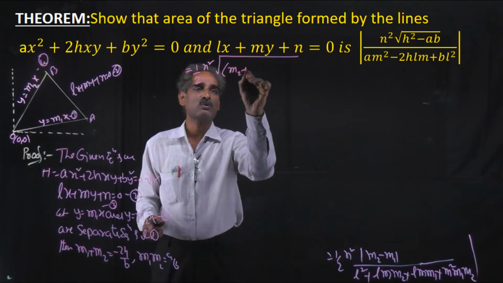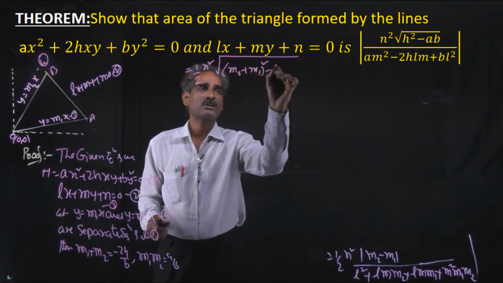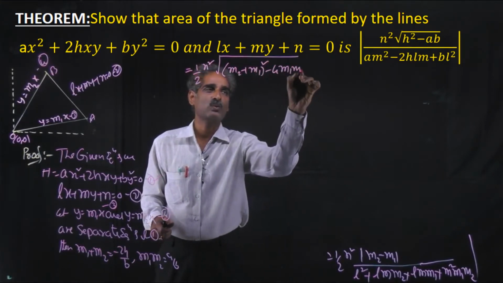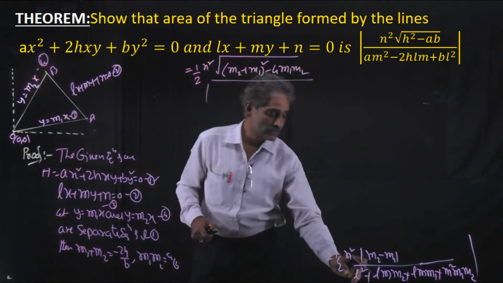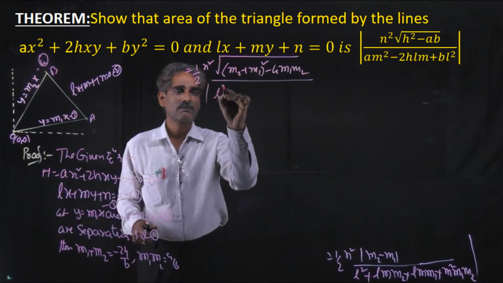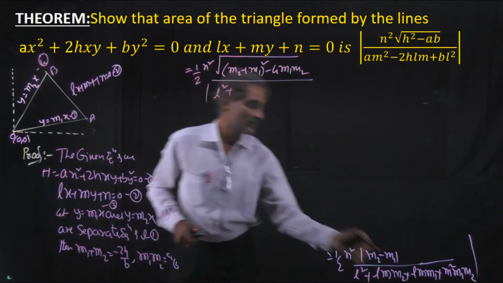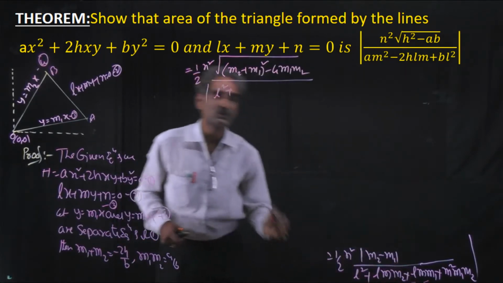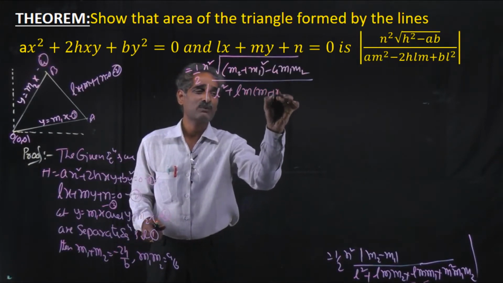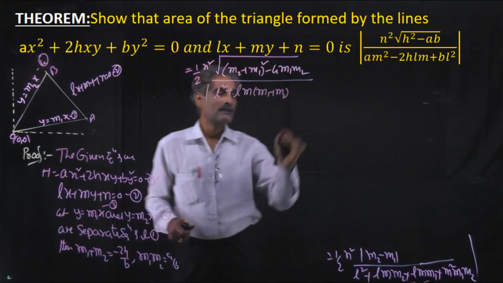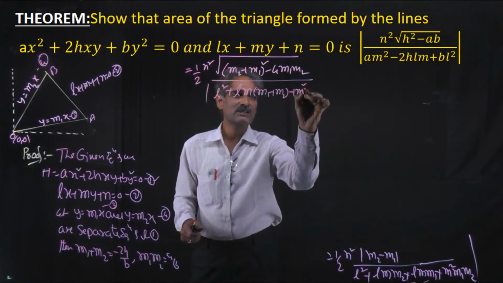That means m2 plus m1 whole square minus 4 m1 m2, whole divided by modulus of L square plus, now take L m common from these two terms, we will get L m into m1 plus m2 plus m square into m1 m2.